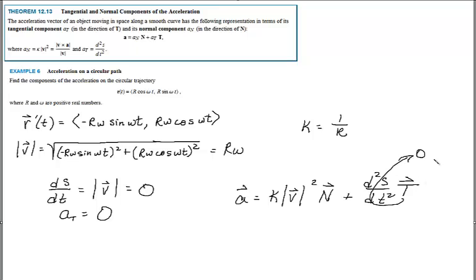This is 0, leaving me with 1 over r times r omega quantity squared times this normal vector. So our vector then ends up being r omega squared times the normal vector. And that would be the different components of the acceleration vector on this circular path.